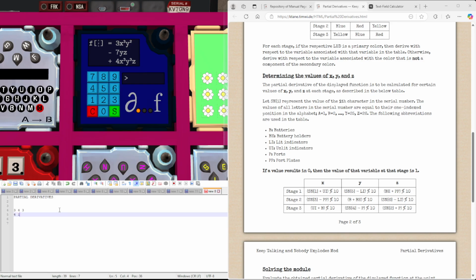So number 6, 9, minus the indicators, nothing. So that would be 9 minus 0, 9. Then all indicators with batteries, that's 2.